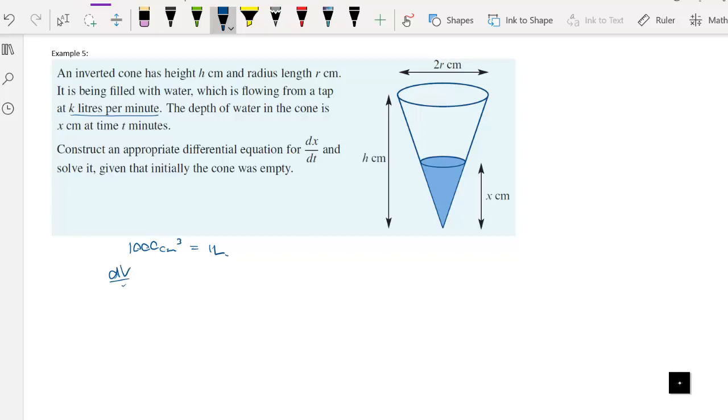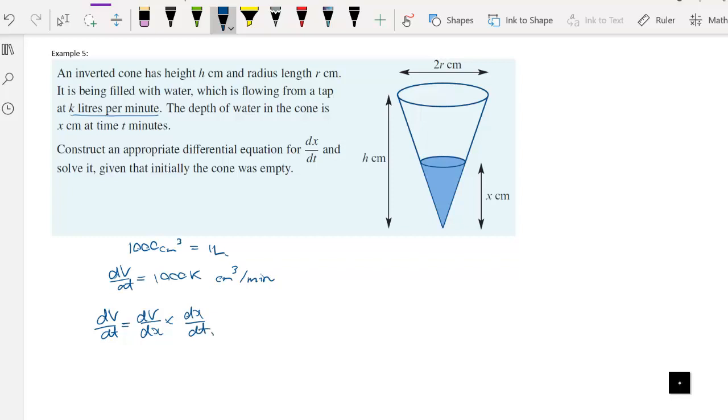So dV dt is 1,000k cubic centimeters per minute. So we've got one piece of information there. Obviously, we're going to be looking at a scenario where dV dt is equal to dV dx and dx dt.